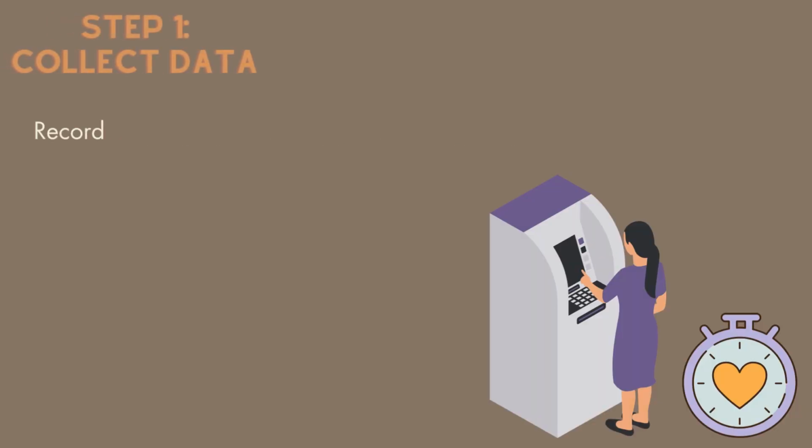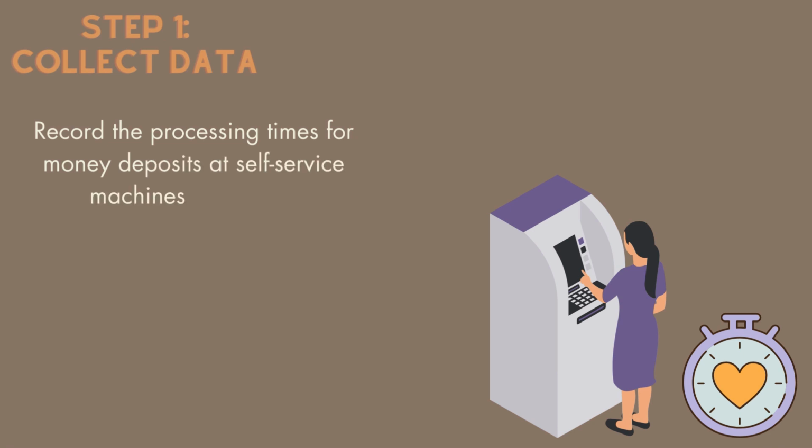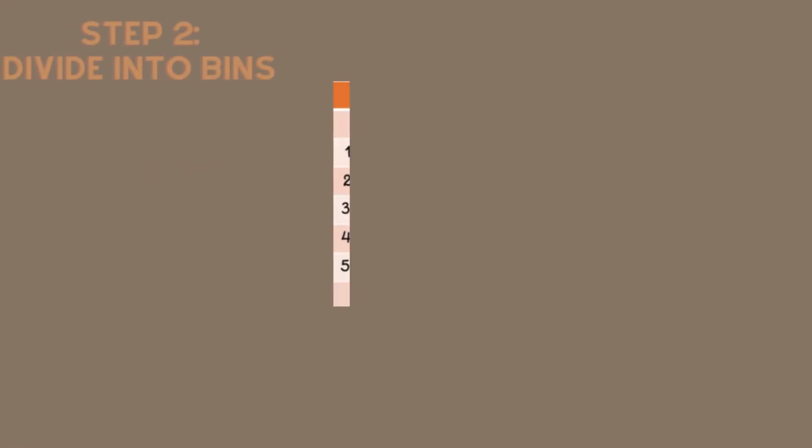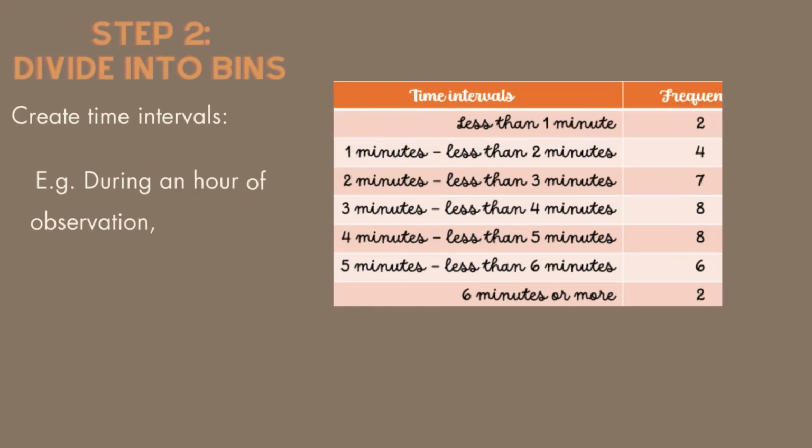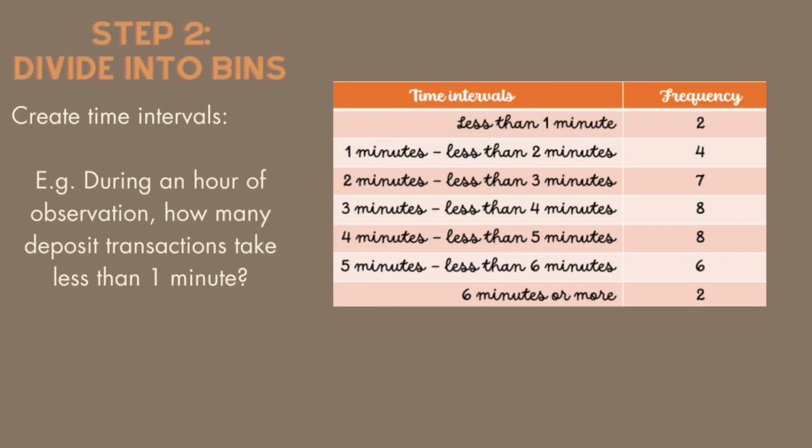Step 1 involves collecting data by recording the processing times for money deposit at self-service machines in a bank within an hour. Step 2 entails dividing the collected data into bins, or creating time intervals. In the first row of the table, for instance, during an hour of observation, it is noted that 2 transactions lasted less than 1 minute.